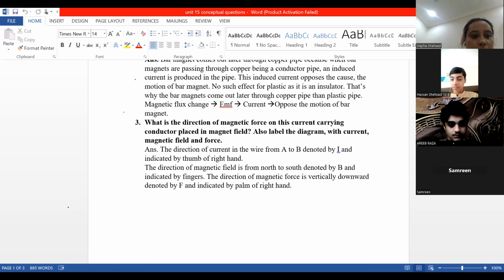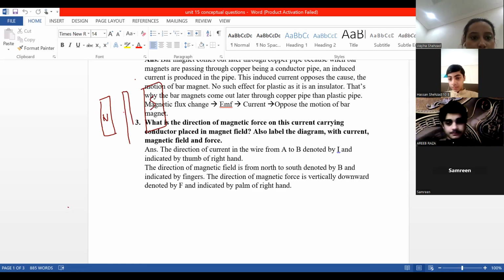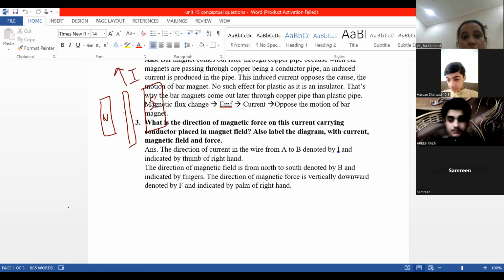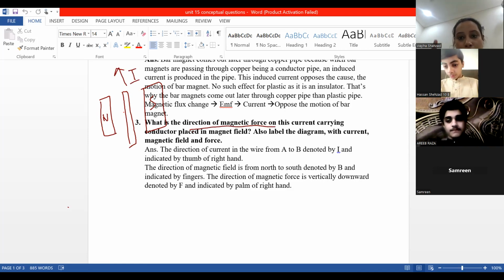If these are the two magnets, right? We know that one pole is north pole and the other pole is south pole, right? And in between we have placed a conductor, and the current is flowing in this conductor in this direction, right? So they are asking what is the direction of magnetic force on this current carrying conductor placed in a magnetic field. Also label the diagram with the current, magnetic field, and force.